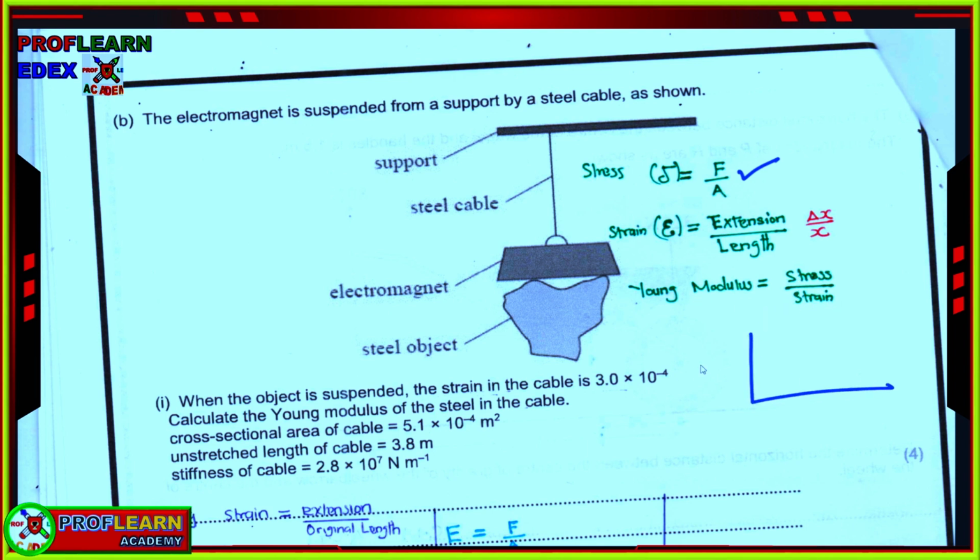So if you have the graph of stress against strain, for the straight line, the gradient is going to give you the Young's modulus. And the area under the graph is going to give you the strain energy stored per unit volume, right?